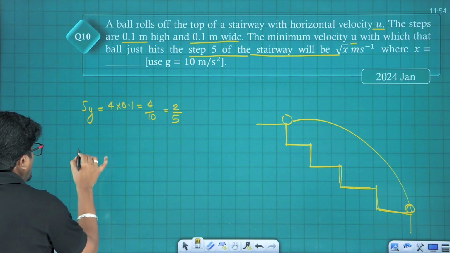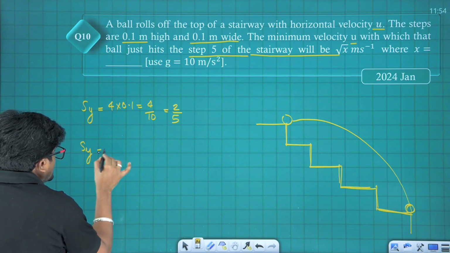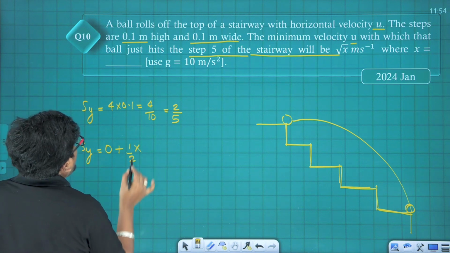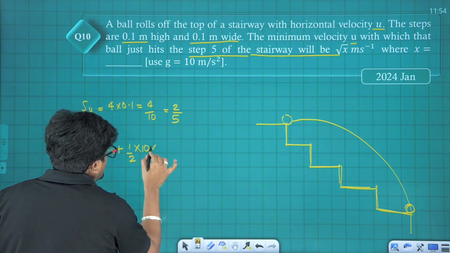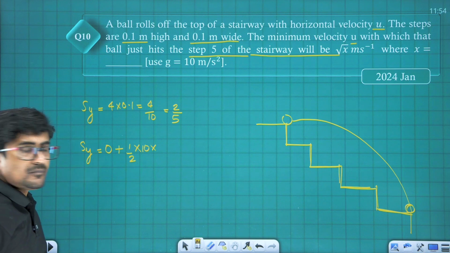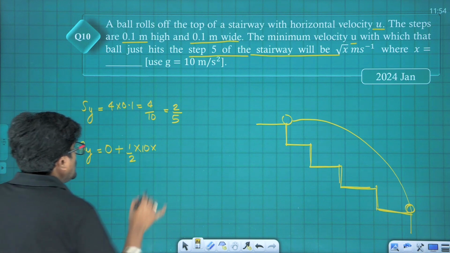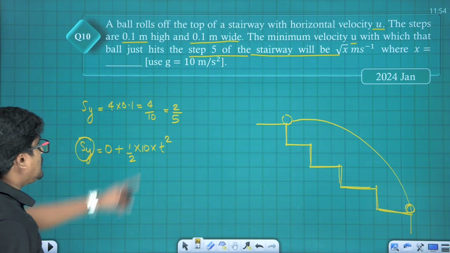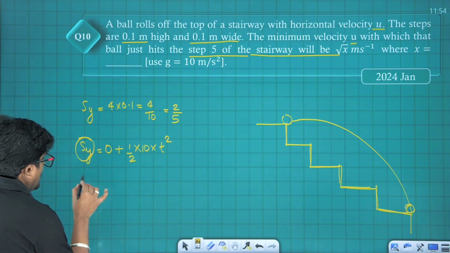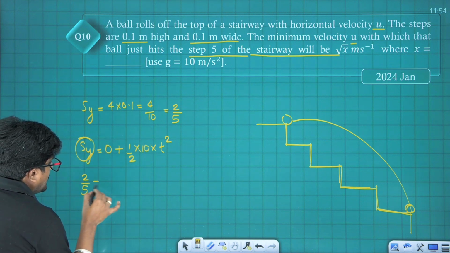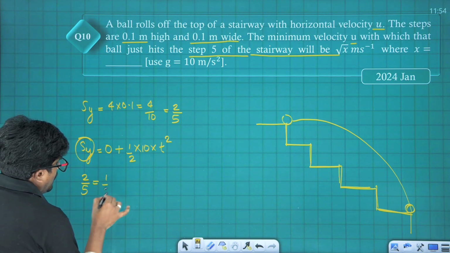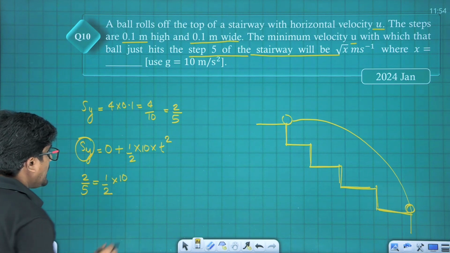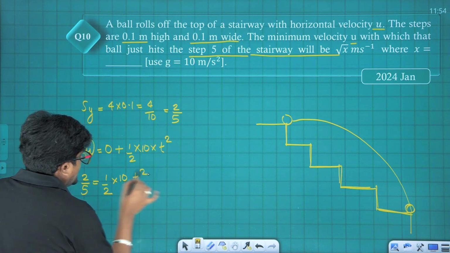Now have a look. Displacement along y axis is equal to initial velocity along y axis, which is 0, plus half of acceleration along y axis, which I am taking as 10, into time taken t square. And we all know s of y is 2 by 5. So 2 by 5 is equal to 1 by 2 into 10 into t square.